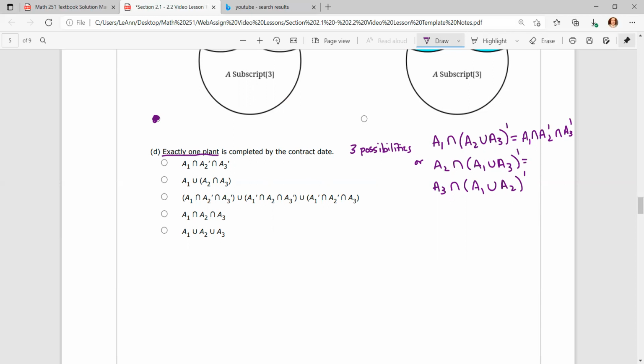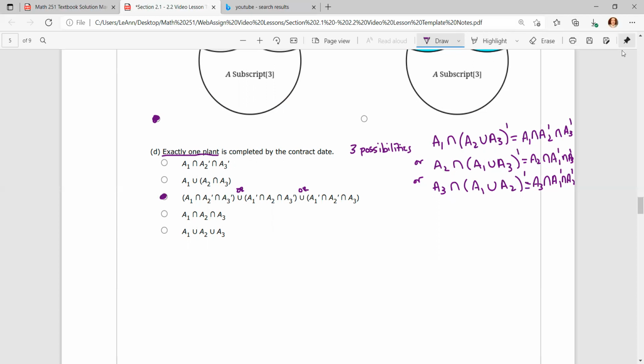Essentially, we're going to have this for all of those situations. So this would be A2 intersect A1 complement intersect A3 complement. This one would be A3 intersect A1 complement intersect A2 complement. And then these are connected by ors, so there's going to be a union in between them. So it's going to be this third choice.